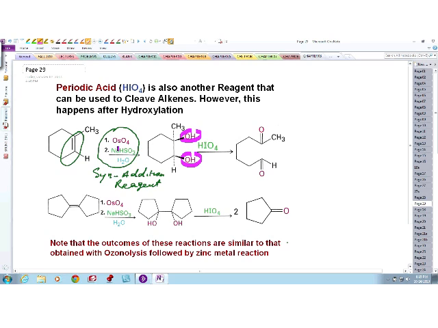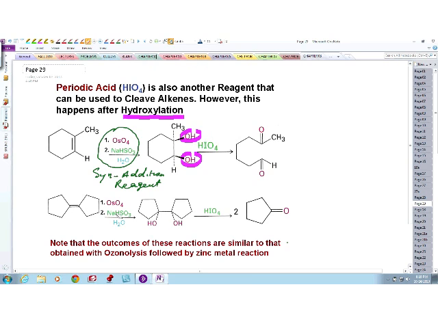Of course, this type of reaction we refer to as hydroxylation. Anytime you add two hydroxy groups across the carbon-carbon double bond, you refer to that as hydroxylation. As you can see here, with all addition reactions, we are starting with an sp2 carbon atom here, sp2 carbon atom here, and at the end of the addition reaction, we end up with sp3 carbon and sp3 carbon.